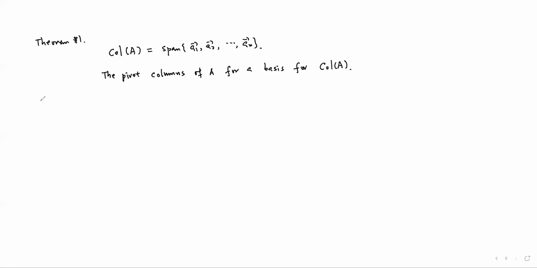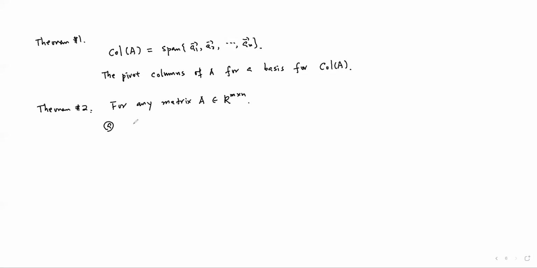Now, theorem number 2. For any matrix A, the size is n by n.